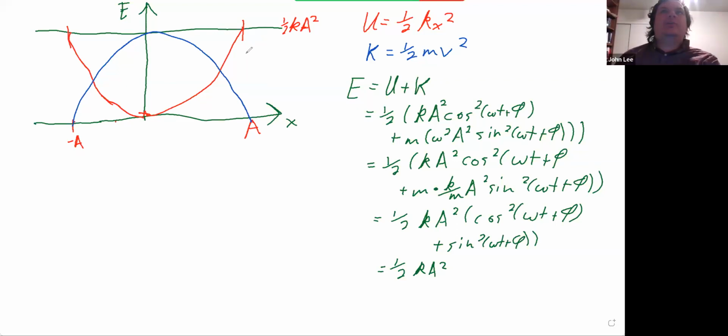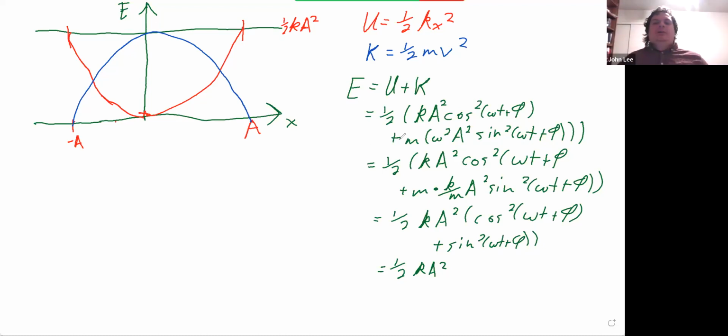That's the maximum value of x that you get from a harmonic oscillator, as we were talking about earlier when we were talking about sine and cosine waves. The maximum value that you can get is just the amplitude of the wave. So it goes up to a value of 1/2 Ka squared, whereas the kinetic energy peaks when there is no displacement, and goes down the farther displaced you get.